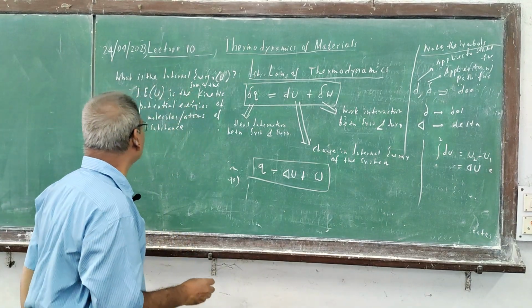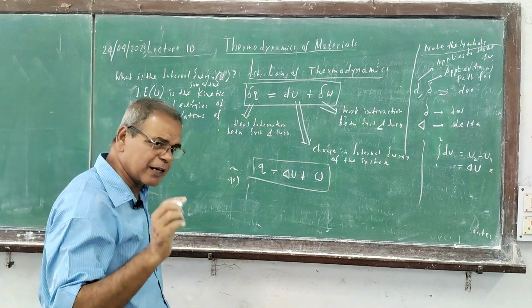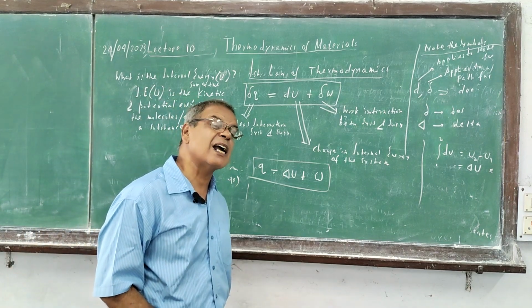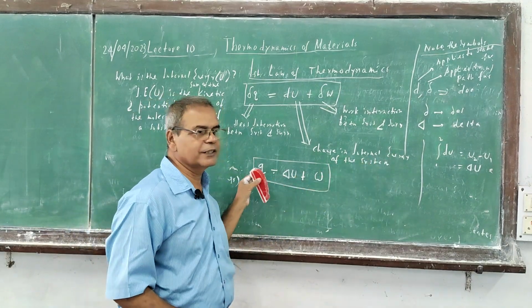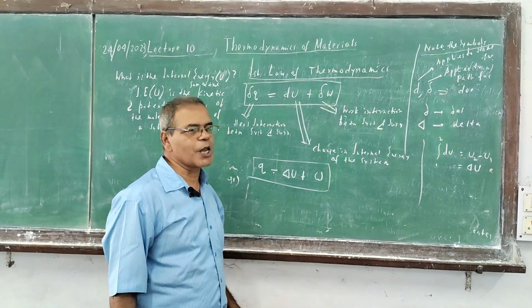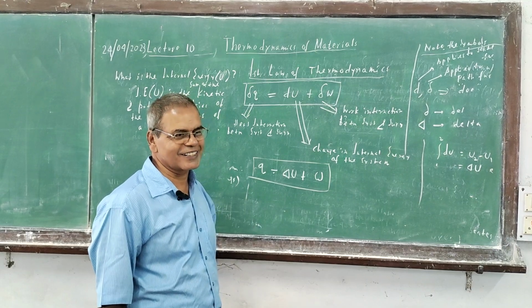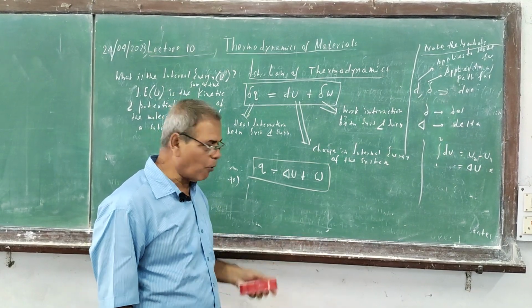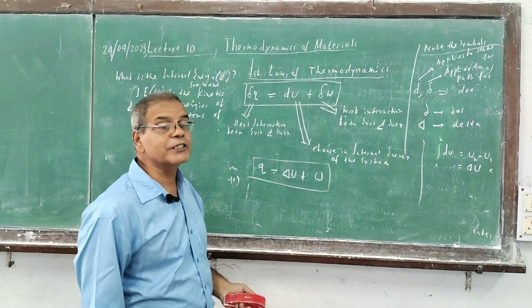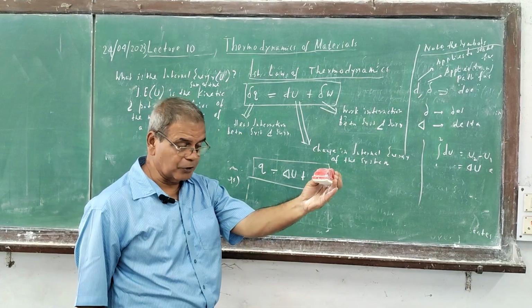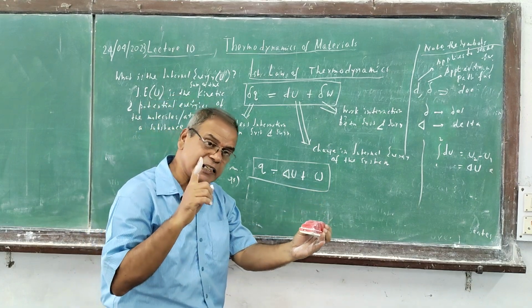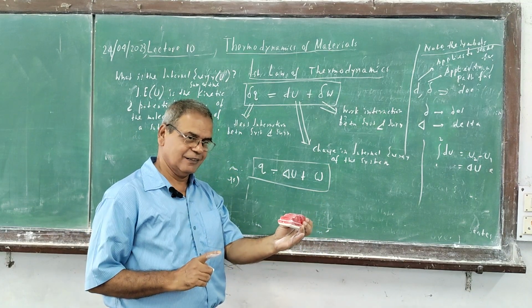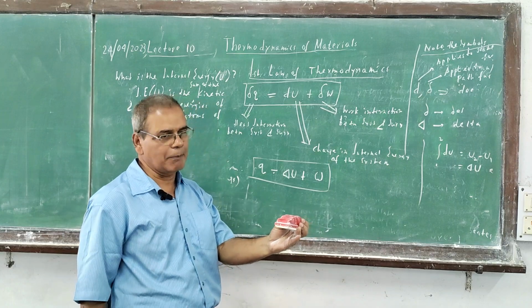Kinetic and potential energy you have come across, but these are external. For example, this body is moving: external kinetic energy. A ball is moving. Another is potential energy, in a gravitational field. It must be an external field, then potential energy will apply.